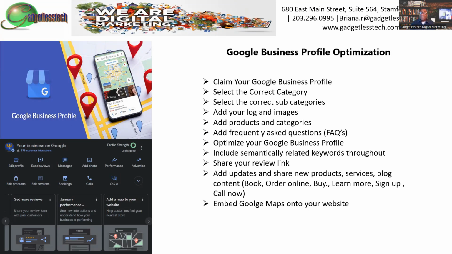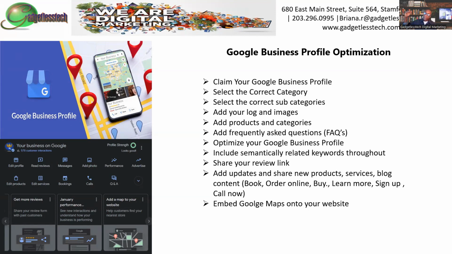So what better way, right, to have your business appear on a Google search than using a Google property, which they display prominently at the top of the page, right? And that's your Google Business Profile. So if you remember from the last slide, we break down a search page by paid ads.